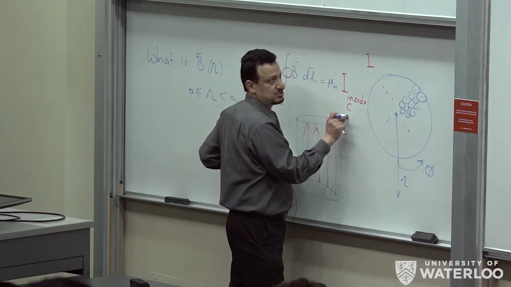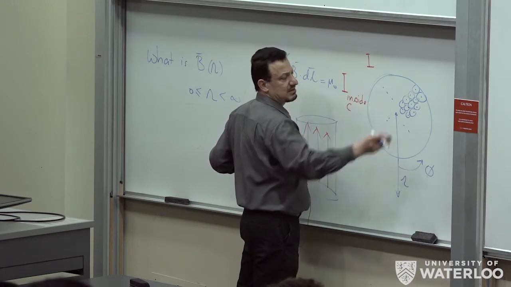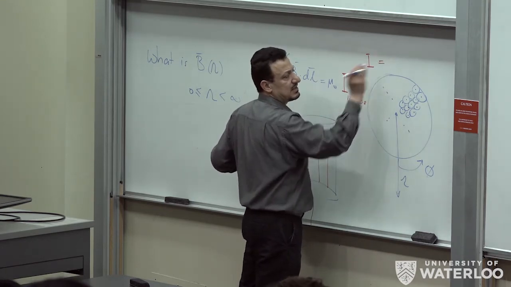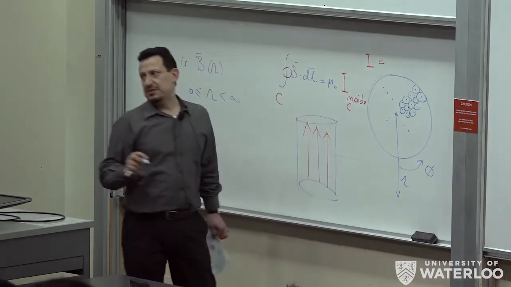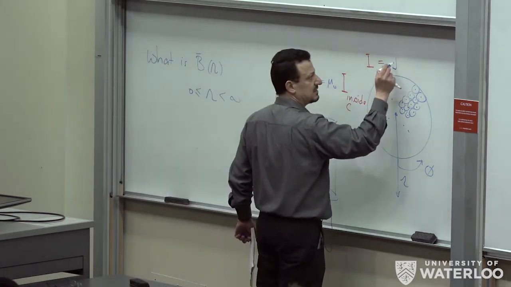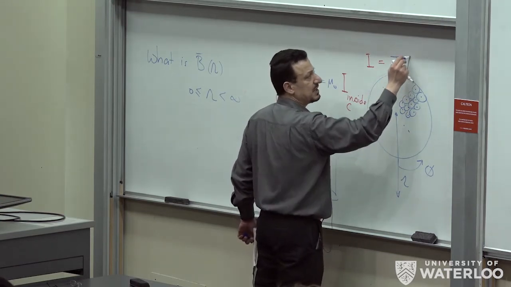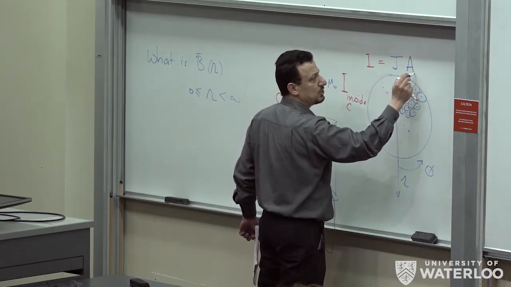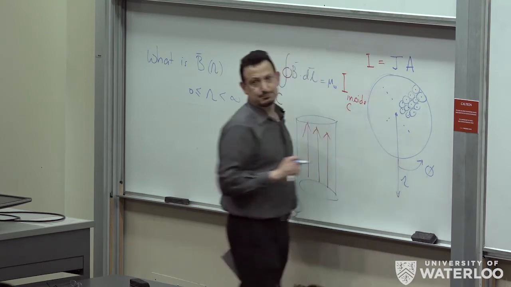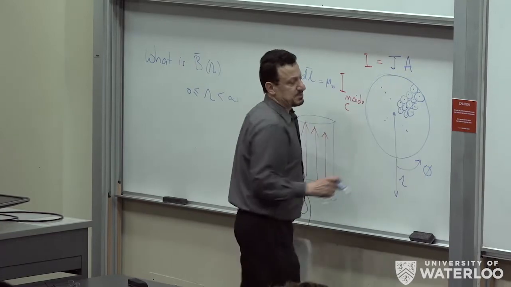So the I that is going through the entire cylinder is the current density, which is amps per meter squared, multiplied by the area of the cylinder, right?